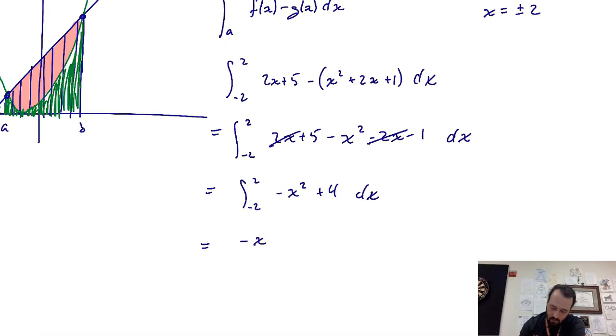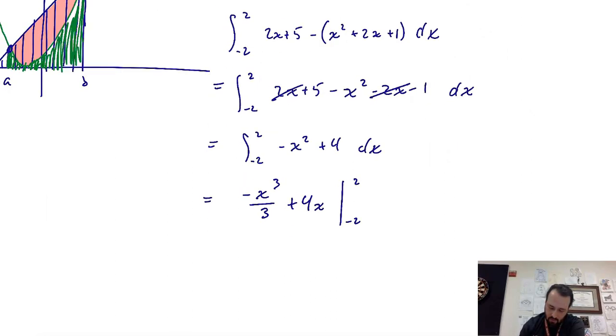Well, I would just do negative x cubed over 3 plus 4x from -2 to +2. So let's see, if I do f of 2, it's 8/3. So -8/3 plus 8 minus a -2 would be +8/3 minus 8.